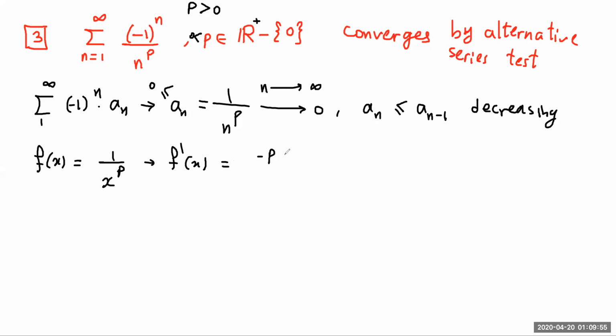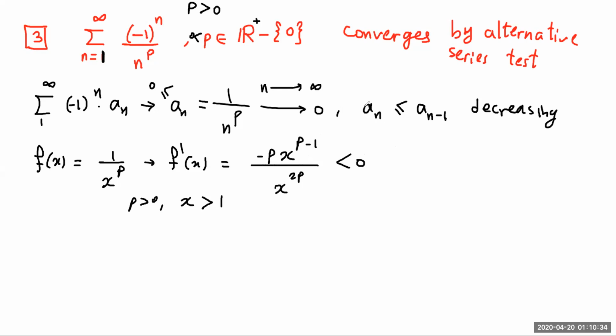It's minus b x to the power b minus 1 over x to the power 2b. Because x is positive, and x greater than 1 also, since n begins from 1, this term will be negative. Also b is positive, so this term will be negative.